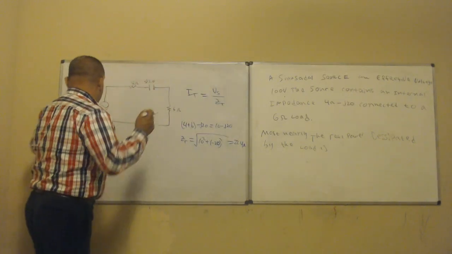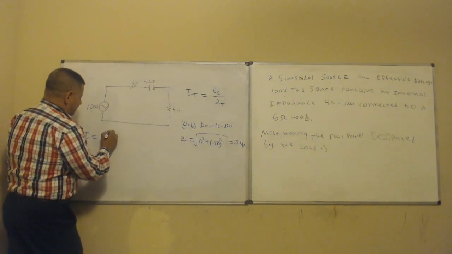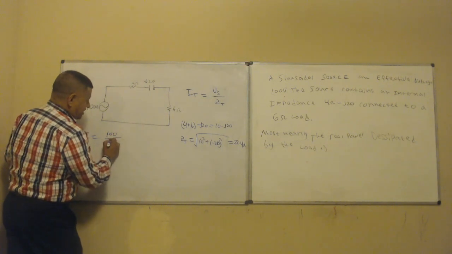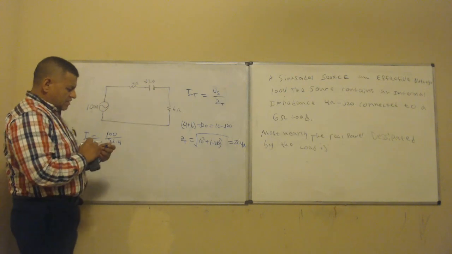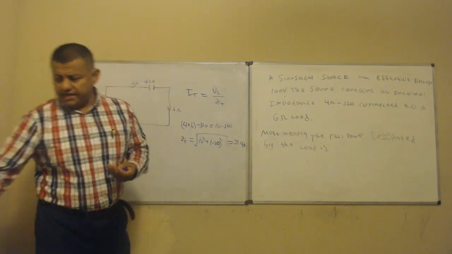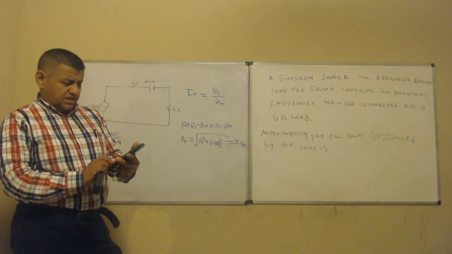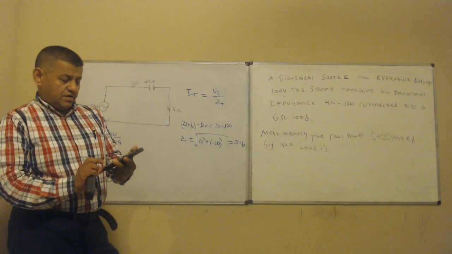With that being said, let's get this done real quick. So we know that the impedance now, right? So now we say that the voltage 100, I'm sorry, 100 divided by 22.4, right? So when we do that, we get 100 divided by 22.4.